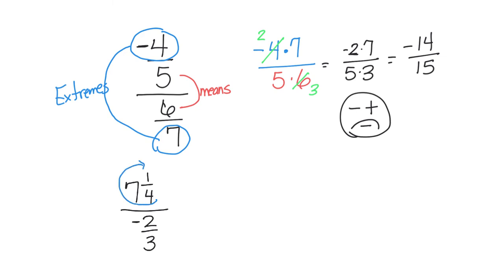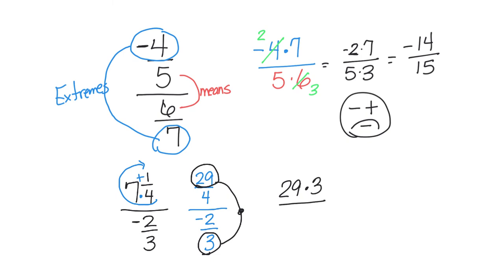Use the backwards C. So you have 4 times 7 plus the 1 would give you 29 over 4 divided by negative 2 over 3. Remember, the extremes are the very top and the very bottom numbers. So I'm going to multiply those together. That gives me 29 times 3 divided by 4 times negative 2.